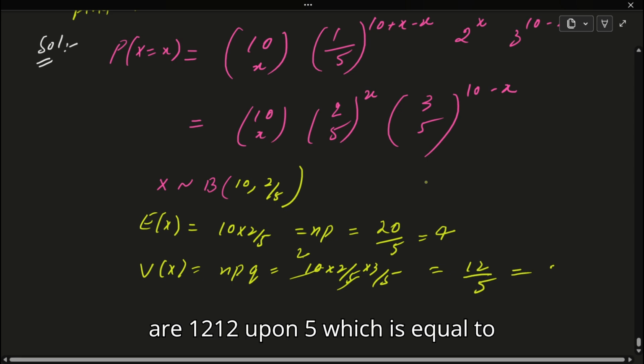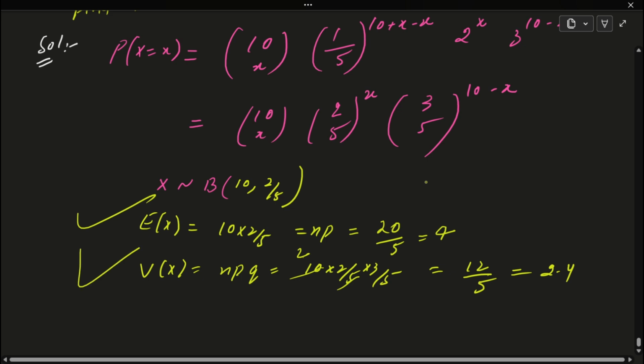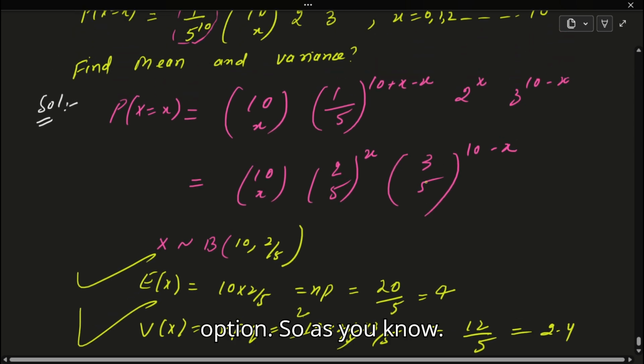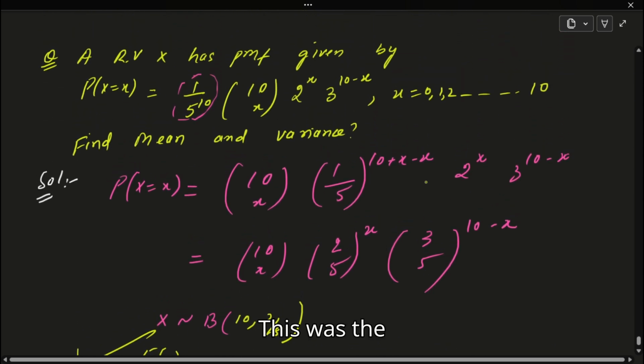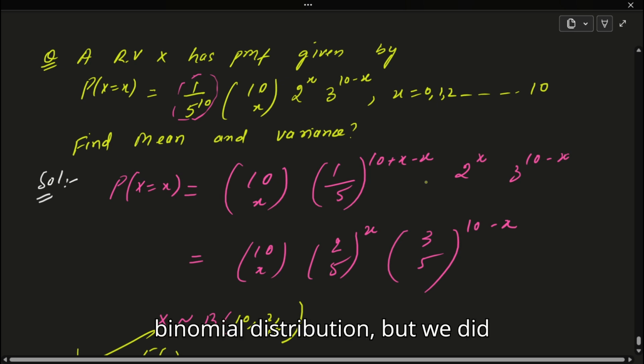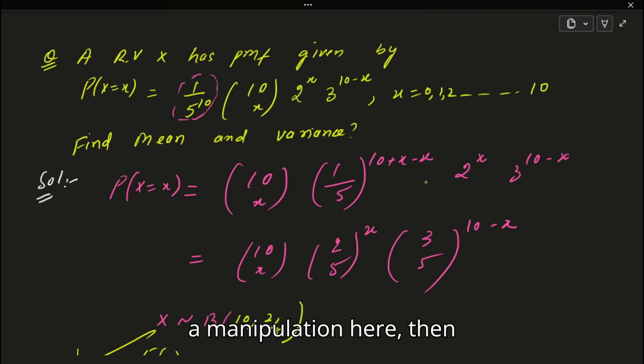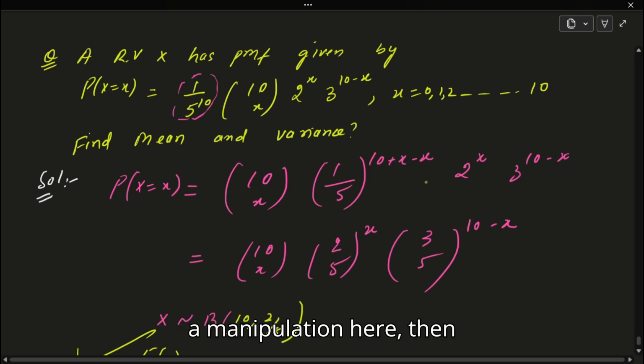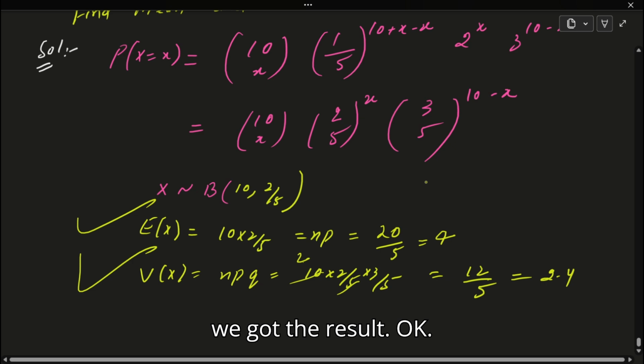So 12/5, which is equal to 2.4, is the correct option. So this was the binomial distribution, but we did a manipulation here, then we got the result.